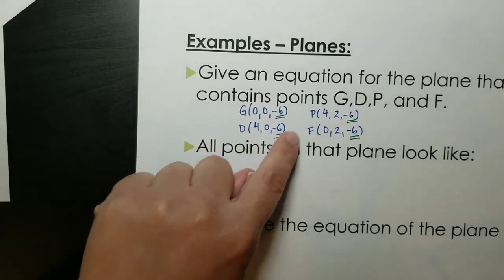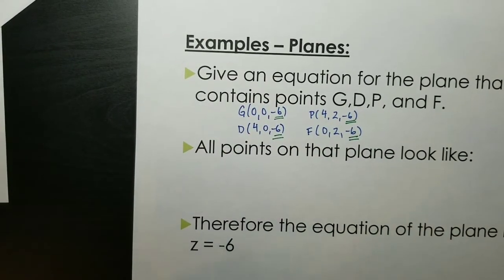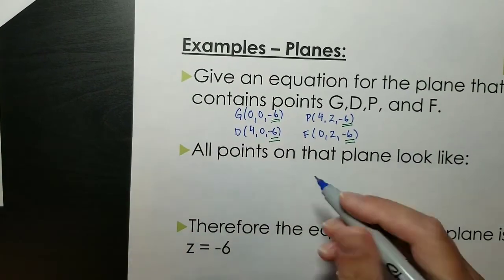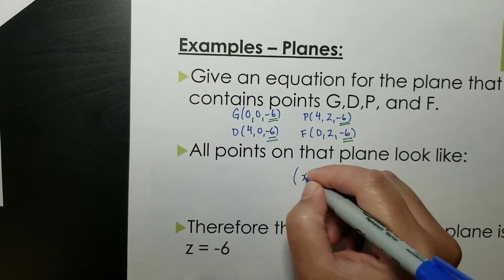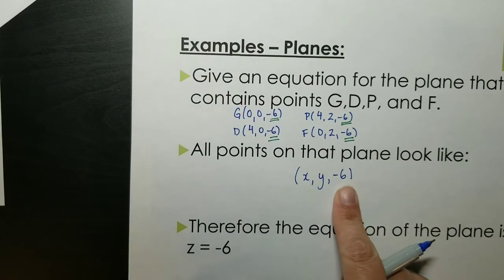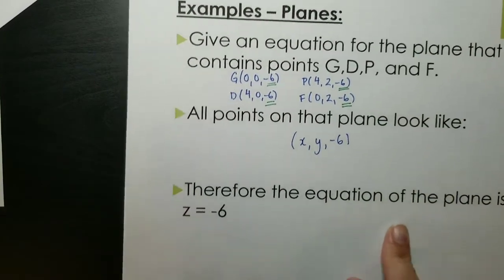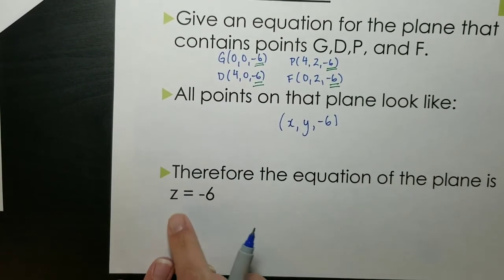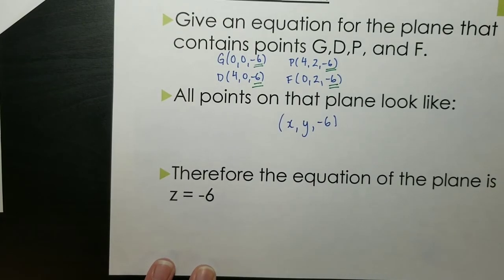They all have something in common, and that's all of the points are going to be of the form an X value, a Y value, and then -6. That -6 is a constant. So the equation of this plane simply is Z equals -6.